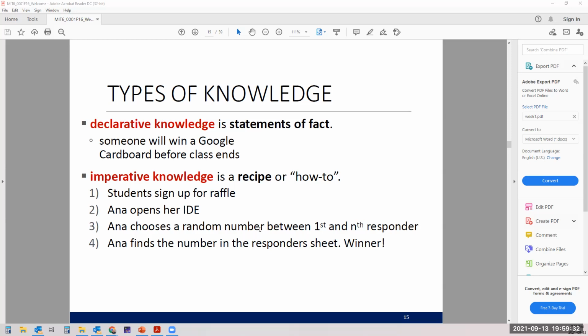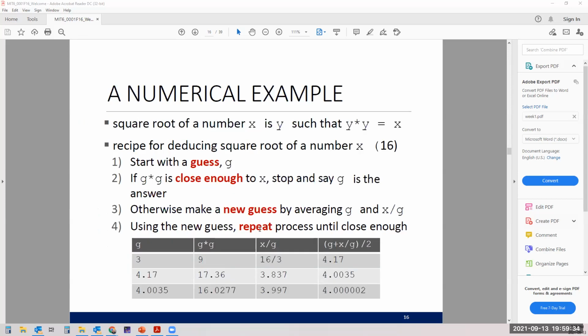Clear, guys? Now let's have a numerical example, to make our example easier and more computational, rather than an example about who is the winner of the Google Cardboard.